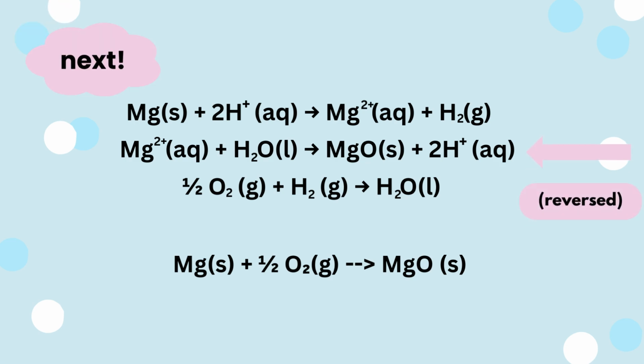Next, the aqueous magnesium ions from the last reaction react with water. Instead of conducting the forward reaction, which is hard to perform, we can use the fact that the reverse reaction has the same enthalpy as the forward reaction, only with the flipped sign. So we will react solid magnesium oxide with hydrogen ions.